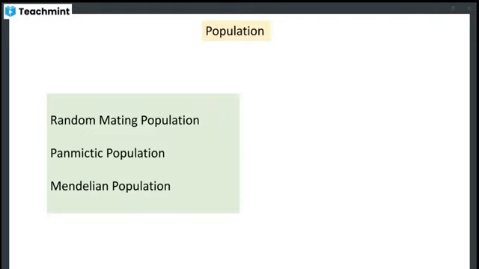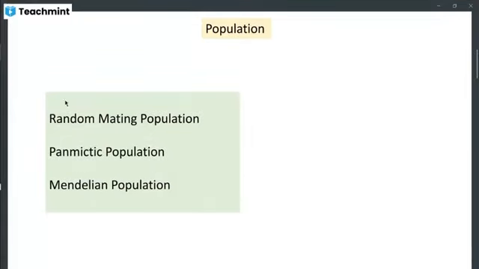The Hardy-Weinberg law applies only in the case of a random mating population, where in a group of population, every individual has equal chance to mate with the other individuals.